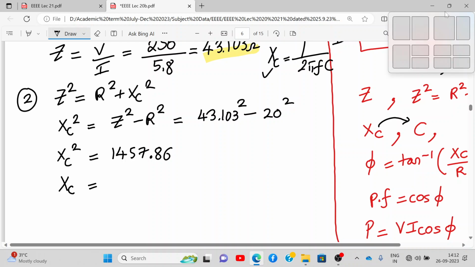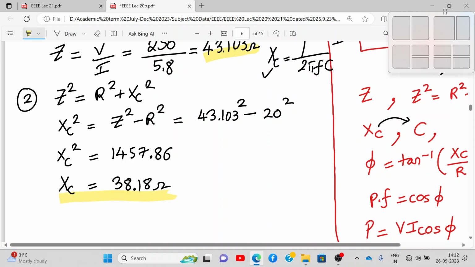Square root of that. 38.18. Okay, that's the value of XC.